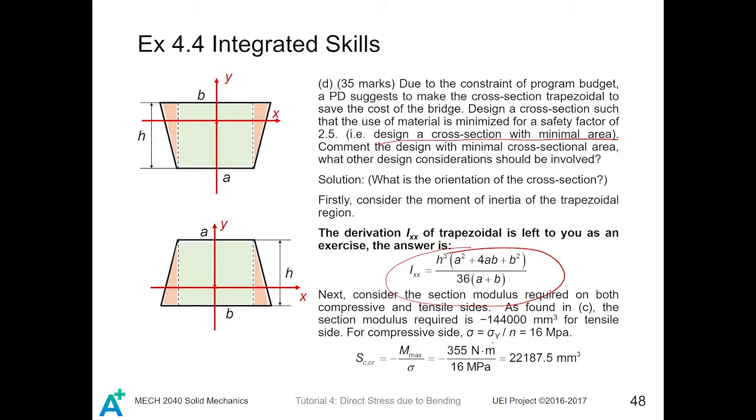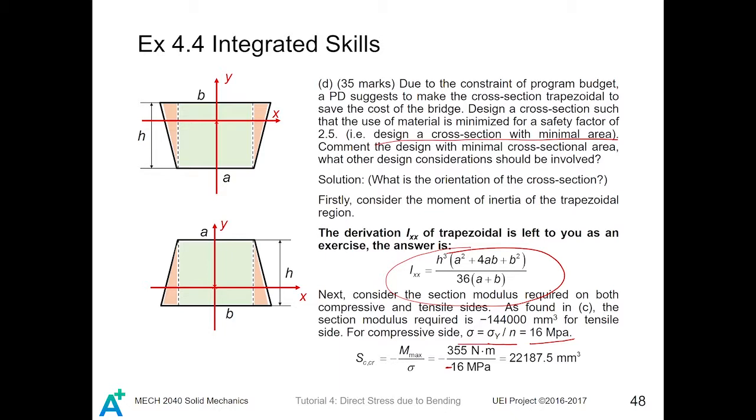By using 40 MPa divided by 2.5, you will get the allowable stress, which is 16 MPa. Then the section modulus can be found to be 350 Nm divided by 16. Remember, since we're talking about the compressive side, the allowable stress is compressive, so it is negative, and we put a negative sign here.